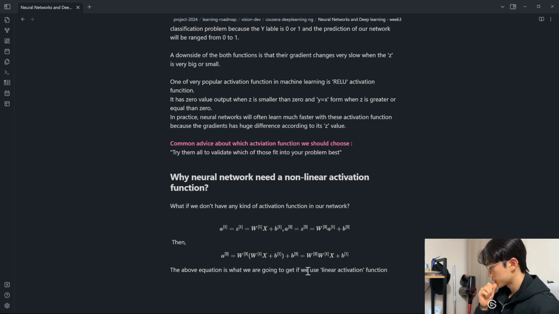We'll talk about deep networks later, neural networks with many, many layers, many, many hidden layers.